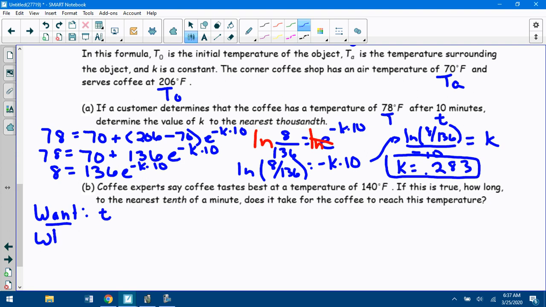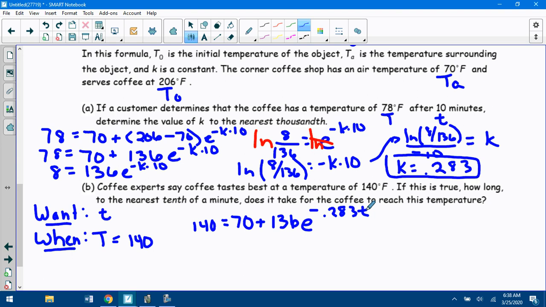And I want it specifically when what happens. With the actual temperature, the ending temperature, big T, is 140. So it's basically the same thing. I'm going to put 140 over here equals 70 plus, this isn't changing, so I'm just going to write 136 e to the negative, put the k value you just found in, 0.283 t.